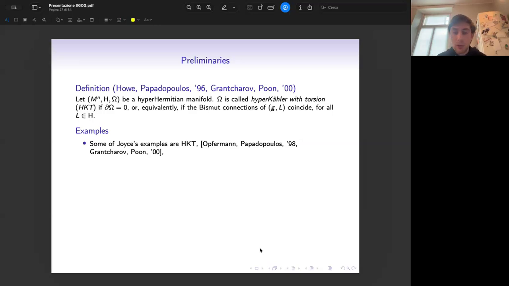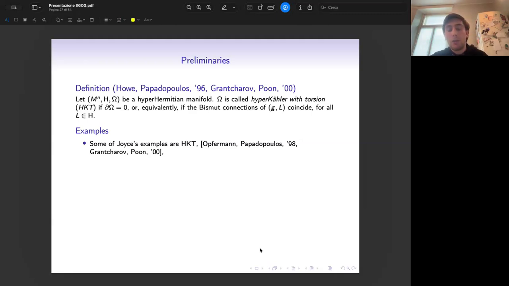And examples of these manifolds were found, and there are plenty. For instance, some of the Joyce examples are HKT, and that was proven by Barberis, Dotti and Verbitsky, and then by Grantcharov and Poon. But let me say that with their proof, not all the Joyce examples are known to be HKT.